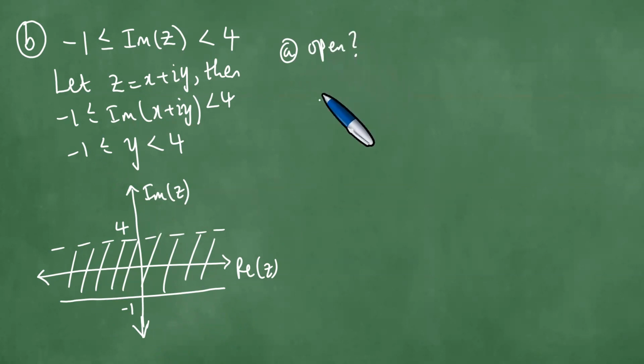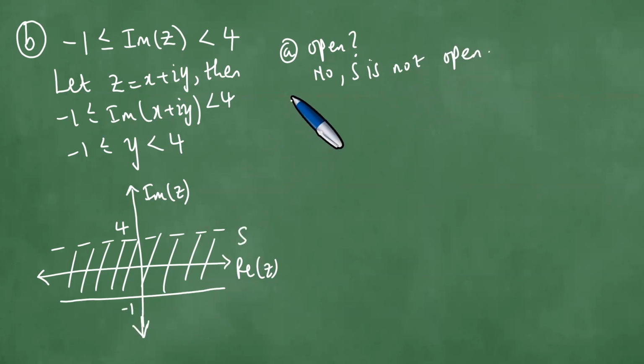Is it open? No. S is not open, because it contains this boundary here. Now the B part, we ask the question, is it closed?